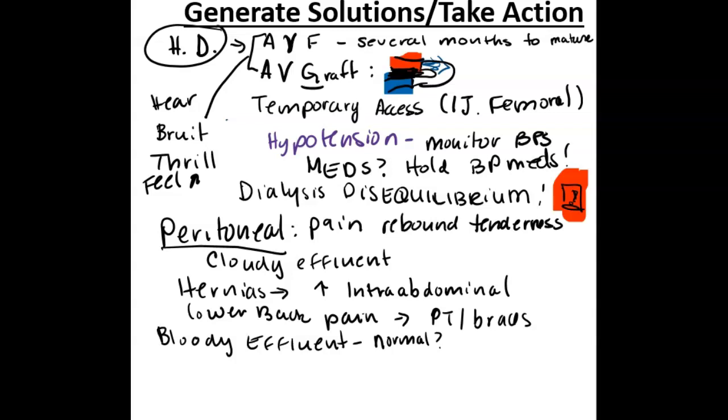So you want to make sure if that's happening, the patient calls with it, we want to find out, is it possible they're ovulating? Are they having their menses? However, if it is new or persists over several days, then they could be bleeding. So we need to look at them closer and get them in for assessment. And then, of course, the protein loss and potential malnutrition with peritoneal dialysis.